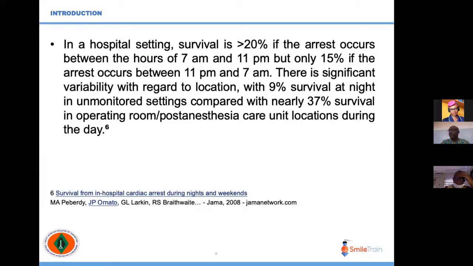And then furthermore, the survival rate at night is 9% in unmonitored patients. But if you look at patients who are monitored and who are being surveyed around the clock, the percentage is higher at 37%.